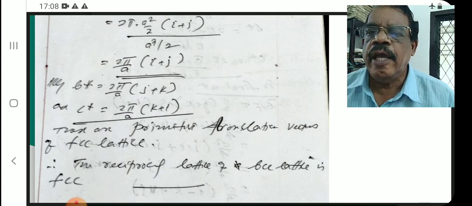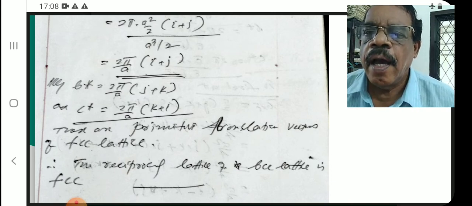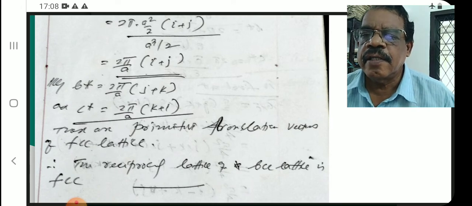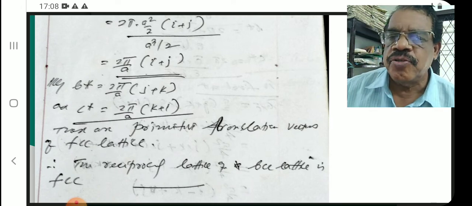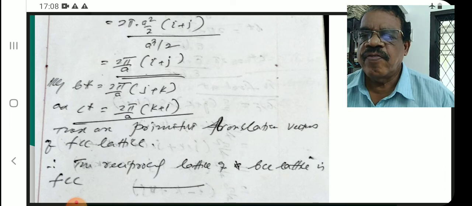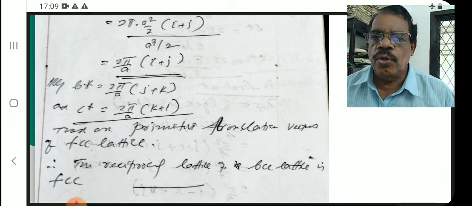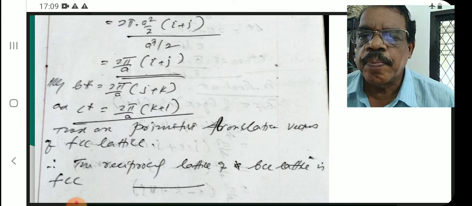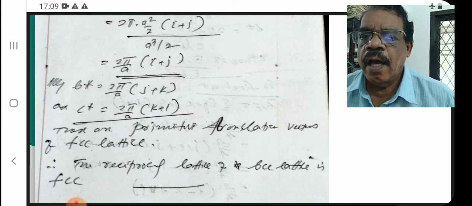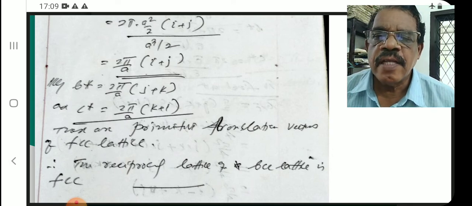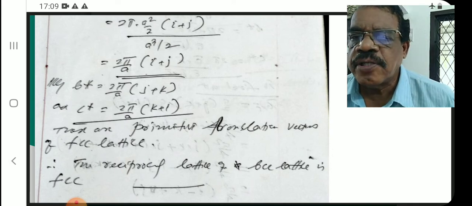That is 2 pi by a, i plus j. That is a star. Similarly, we can find b star and c star. If we find b star, we get 2 pi by a into j plus k, and c star is equal to 2 pi by a into k plus i. In that manner, we can write. These are primitive translation vectors of FCC lattice.